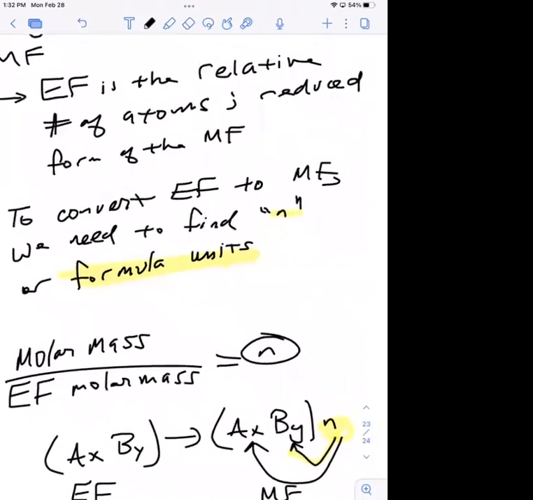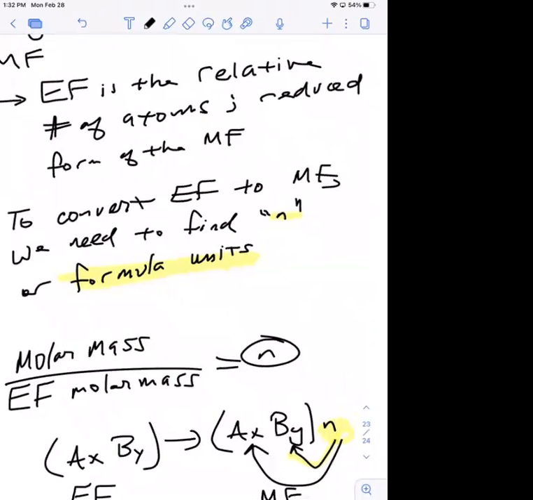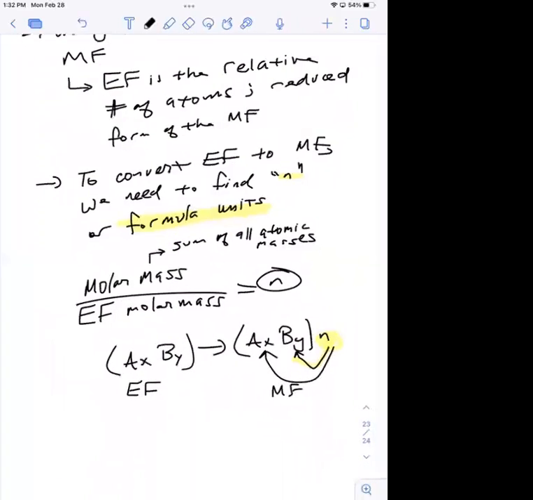How do we calculate molar mass? Anybody remember? Isn't it just the sum of all the atomic masses? If I have a compound, a formula, I can find it that way.